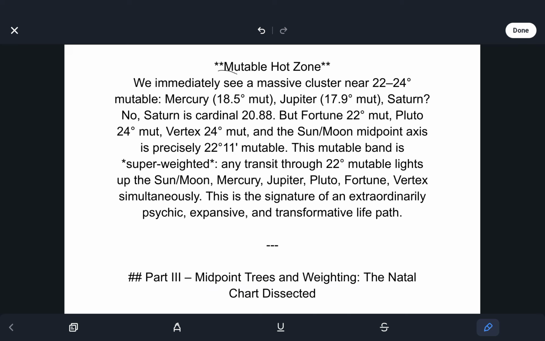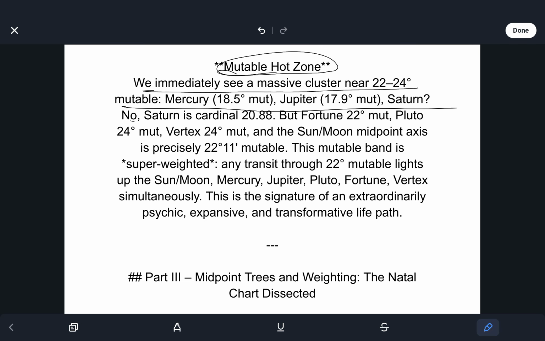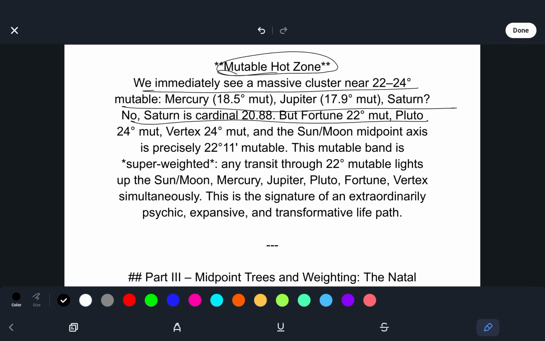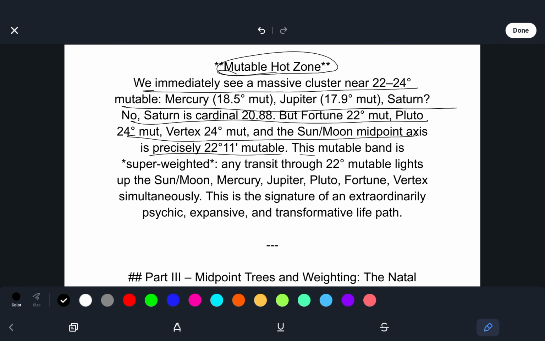So, let's talk about a mutable hot zone. What this really means: we immediately see a massive cluster. This mutable band has the Fortune at 22 degrees, Pluto 24 degrees, Vertex 24 degrees, and the Sun-Moon midpoint axis is precisely 22 degrees 11 mutable.